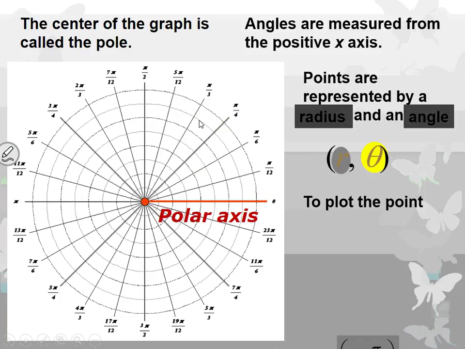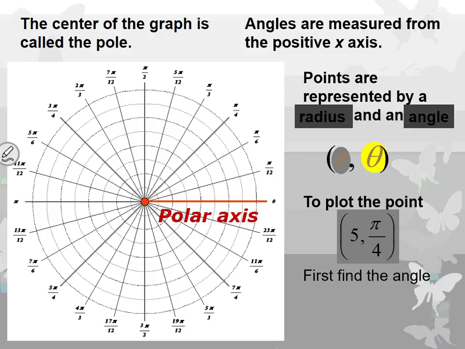When it asked me to plot some point, the point that I want to plot is 5 comma pi over 4. You can do this either way. You can find the fifth circle first and then go out pi over 4 radians on that circle, or you find the pi over 4 radians first and then count out to the fifth circle. I think in this one, I've got to find the angle first.